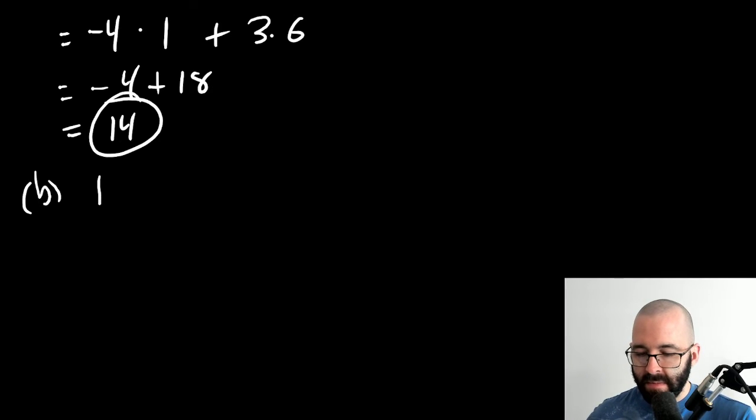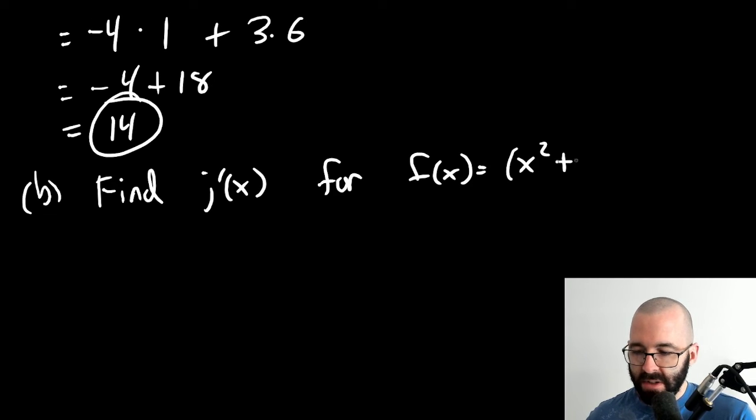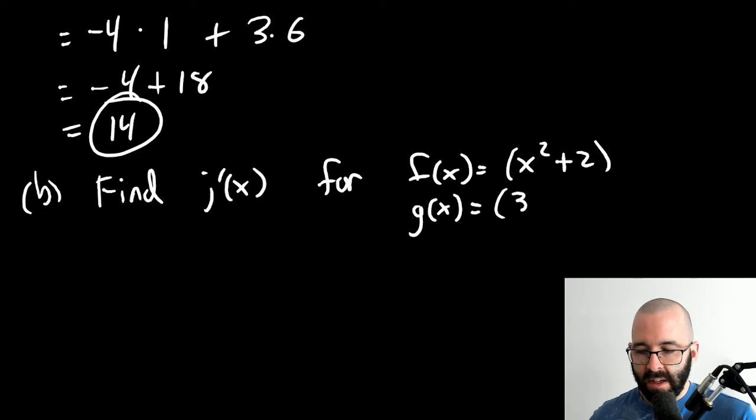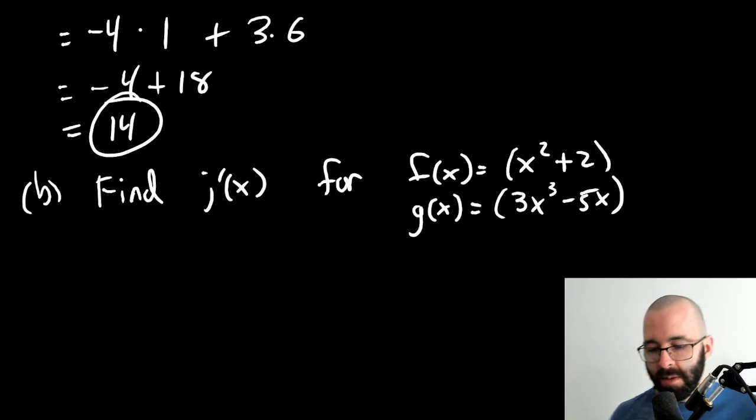Part B. Find j prime of x. What if f of x equals x squared plus 2 and g of x equals 3x cubed minus 5x? Well, again, j prime is going to be what we said before.